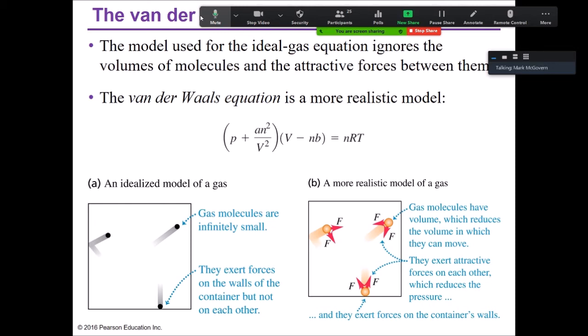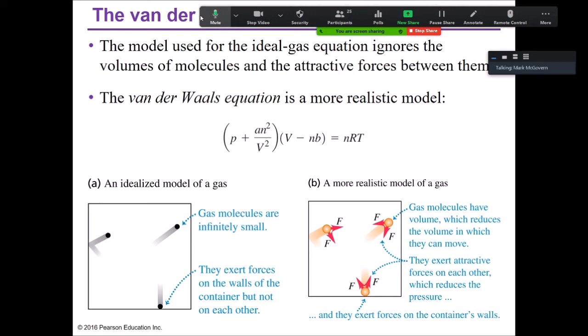But there's a couple things you can add to your ideal gas law equation to make it a little bit more realistic. And that's called the van der Waals equation. We're not really going to do much with this personally. In chemistry, you'll deal with van der Waals equations. We don't really do that in physics, though, because the approximations are so poor that it's pointless. We have better treatments.